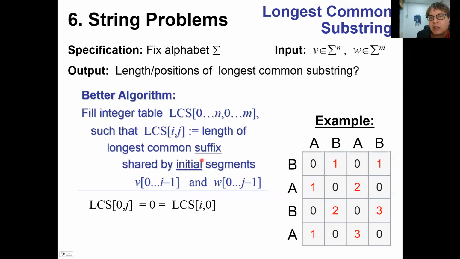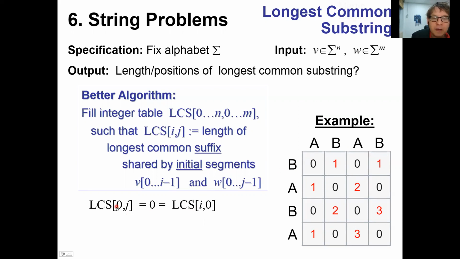Pascal's triangle has ones in its left column and ones in its top row, and the entries in between are the sums of previous entries that are either left of or above the current entry. And that's what we're going to do here as well. So the top row will be filled with zeros. This is not even reflected here in this example.